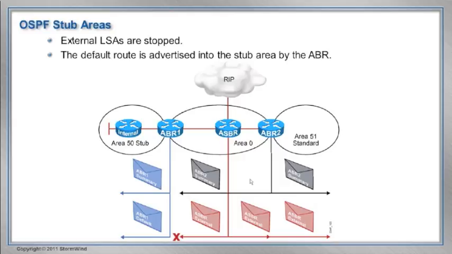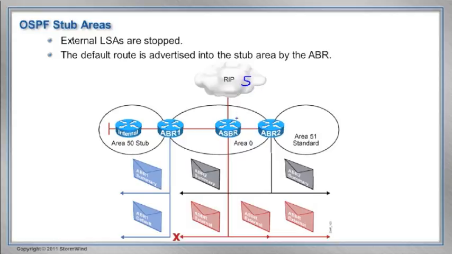Well, as you can see from this awesome diagram, we've got some external Type 5 prefixes up here. Heaven forbid our OSPF domain connects to a RIP domain. Yikes.